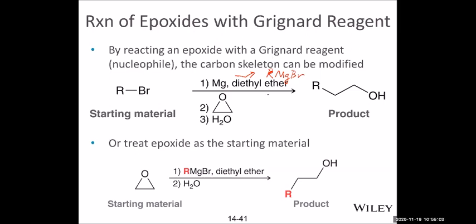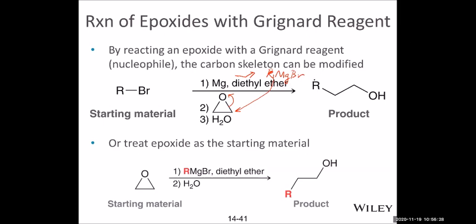Okay, so that's the first step. Next step, we add the epoxide into the system, and the alkyl anion will attack this, open the ring, followed by protonation by water. We'll get an alcohol.